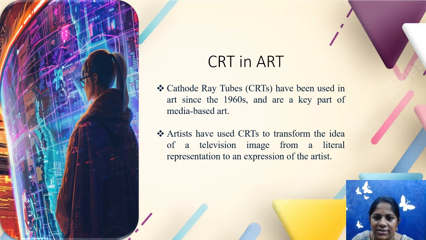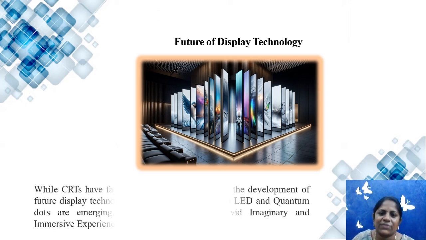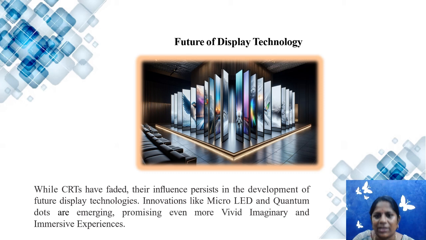CRT in art: cathode ray tubes have been used in art since the 1960s and are a key part of media-based art. Artists have used CRTs to transform the idea of the television image from a literal representation to an expression of the artist. Future display: yes, we'll see the scope of future display technology.